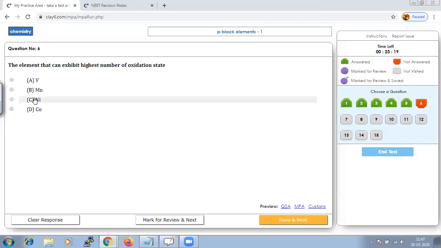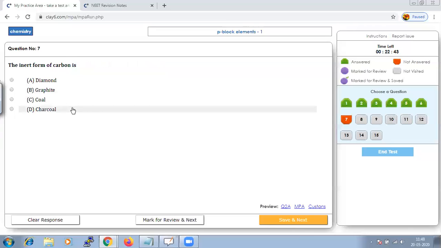Hence among the given options, manganese has the capacity of exhibiting the most oxidation states. When it forms different compounds in combination with different elements, it can exist in oxidation states from +1 to +7, that is +1, +2, +3, +4, +5 till +7. Hence, our option D should be the right answer. Let us save that and go to next.